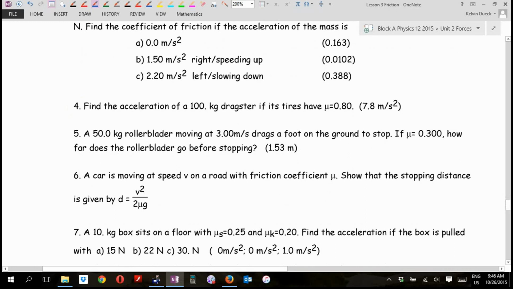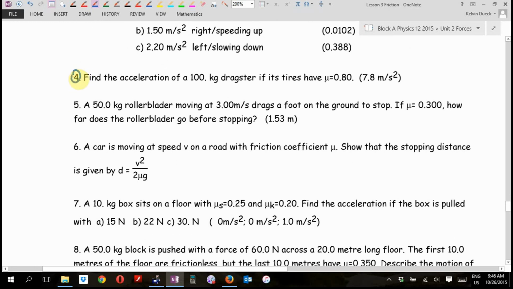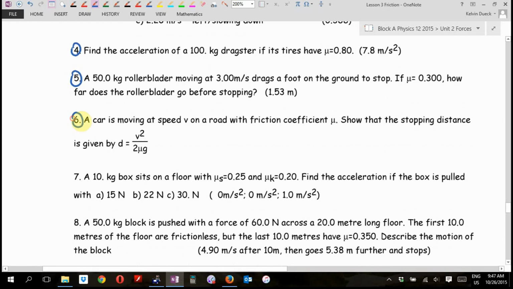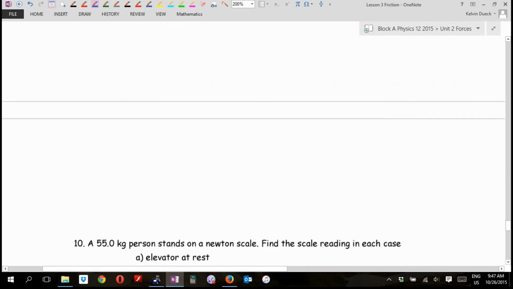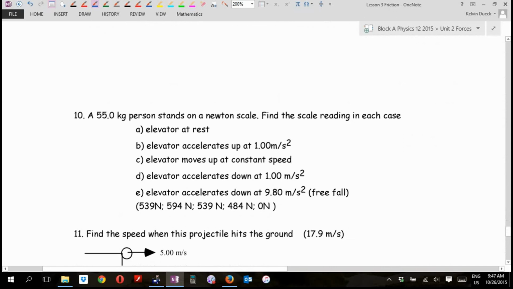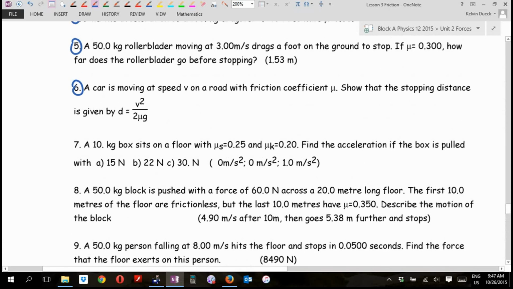Number 3, number 4, number 5, number 6 is an algebraic question. I'll pause there for just a second.